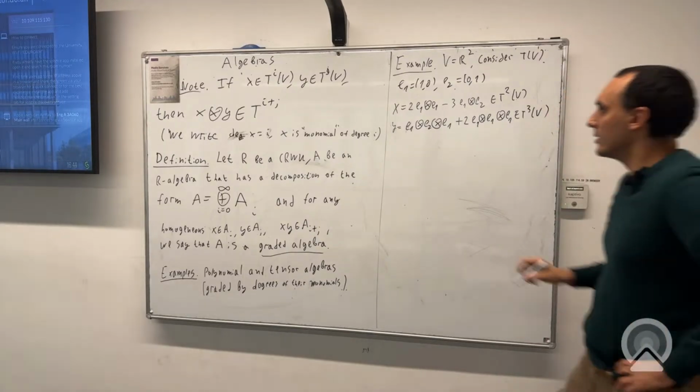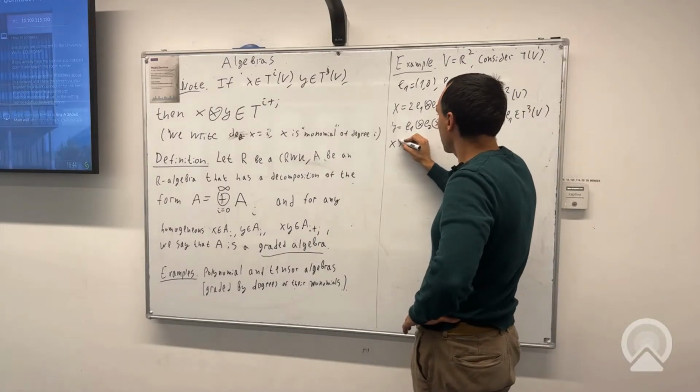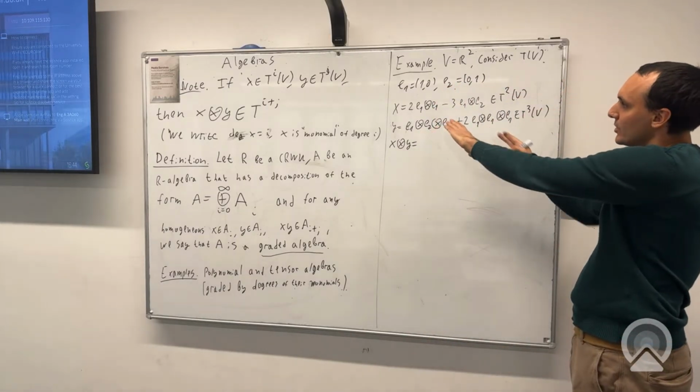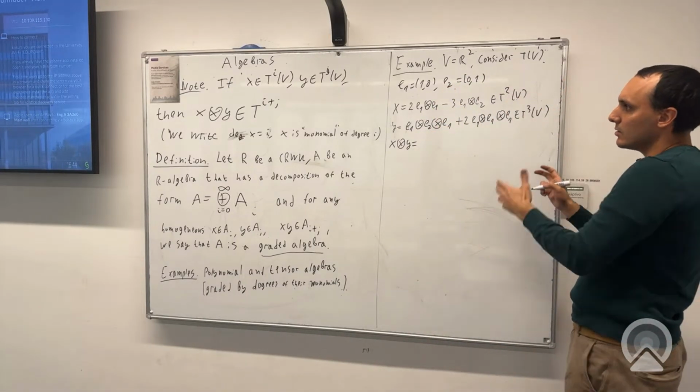And when we multiply them, X multiplied by Y, it's just multiplication with the distributive law.